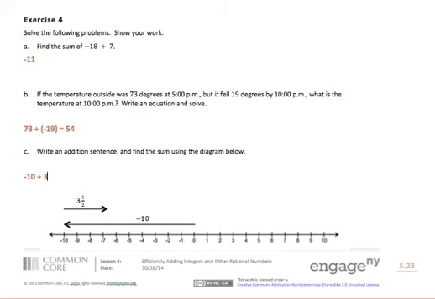To solve that, again, probably the easiest way for these simple fractions would be to take 3 away from 10, leaving us with 7, and then take 1/2 off of 7, which would leave us with 6 and 1/2. But our answer has to be negative because the greater absolute value is a negative number.